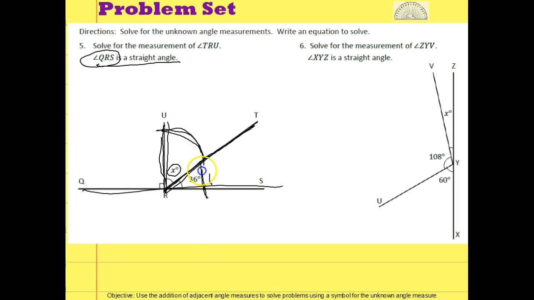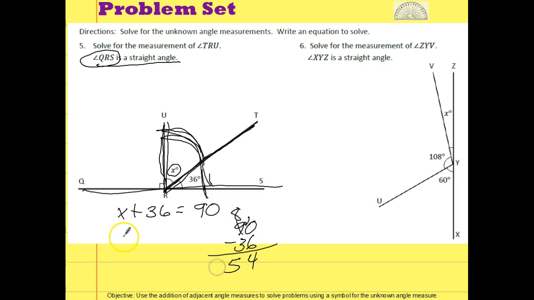What's this one? This is 90. So x plus 36 equals 90. And 90 minus 36 is 54. So x degrees equals 54 degrees.